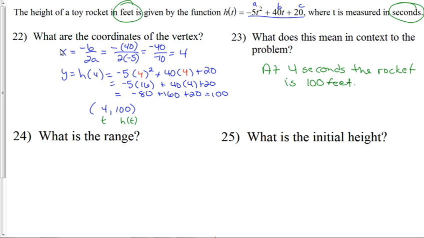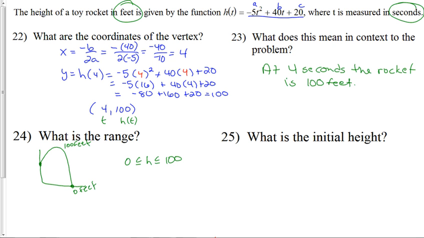Okay, so then the range, we know the rocket hits the ground, so the smallest height is going to be 0, and the highest height is going to be 100. So if I were to draw this really quick, you would start up here somewhere, and then come on down and hit the ground. So the smallest one is at 0 feet. We know the vertex is at 100 feet, so the range must be between 0 and 100.